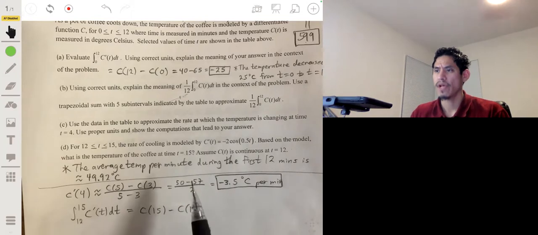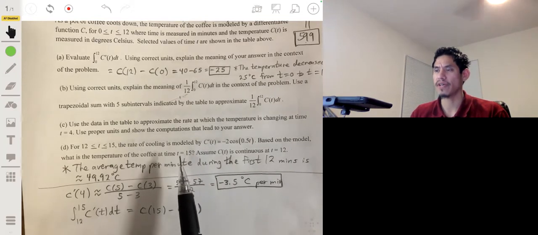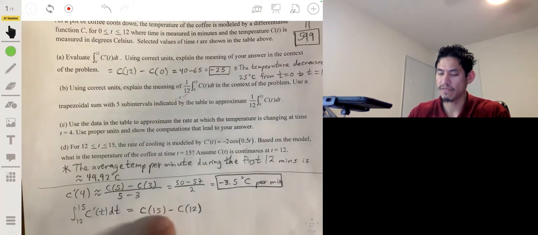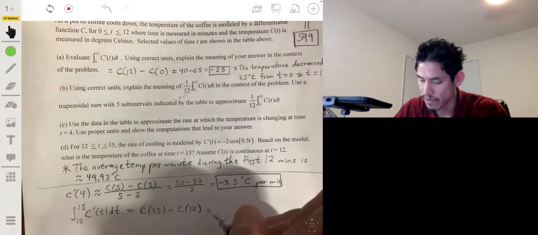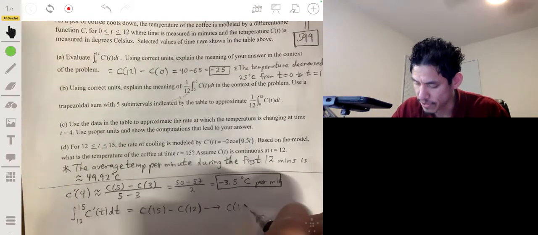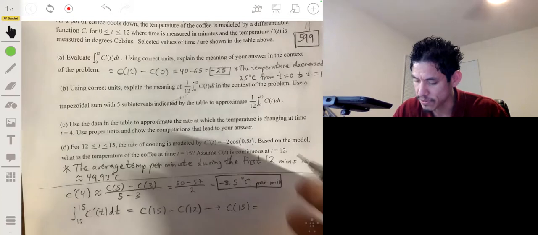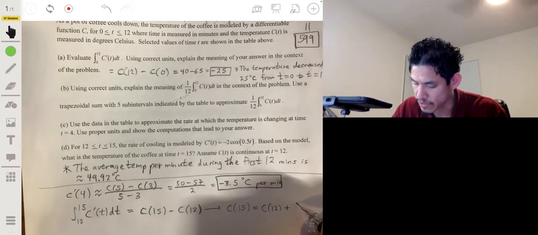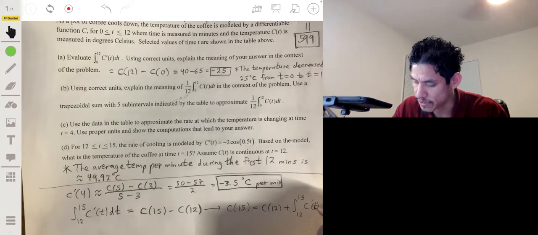Now, if we want to find the temperature of the coffee at time t equals 15, we're essentially solving for c of 15, so we're going to add c of 12 to both sides. We would get c of 15 is equal to c of 12 plus this integral from 12 to 15 of c prime of t dt.